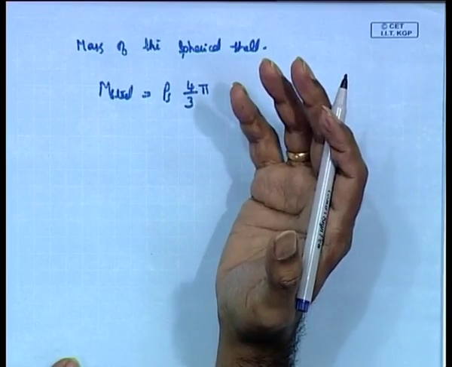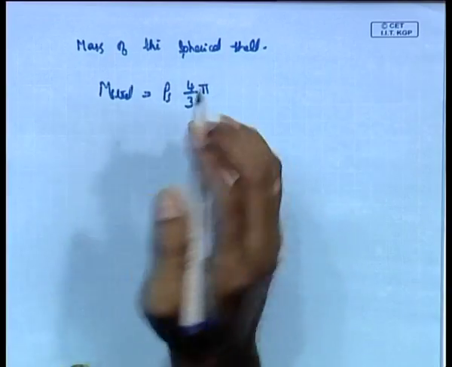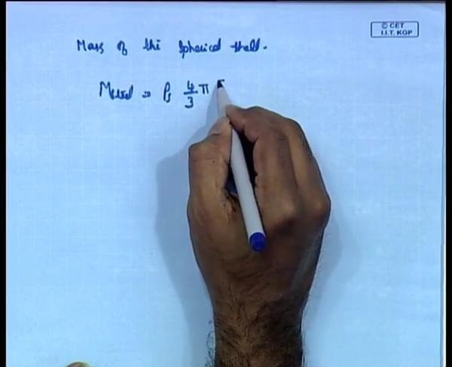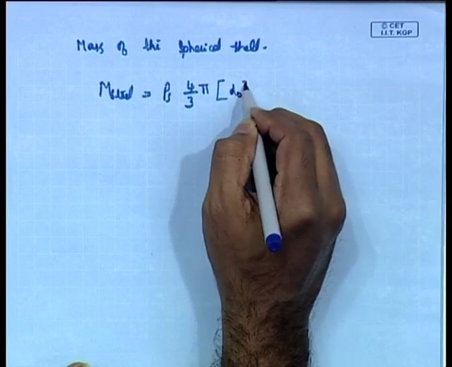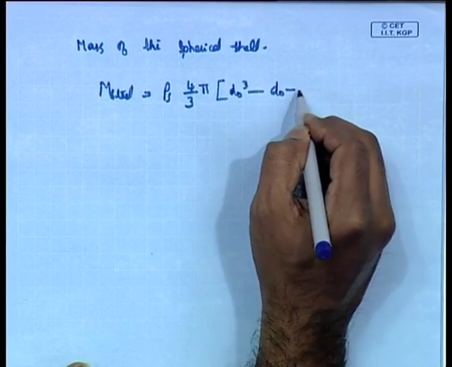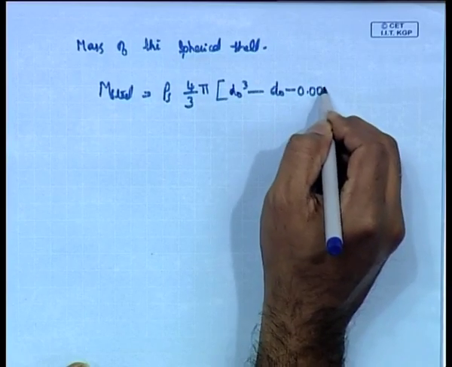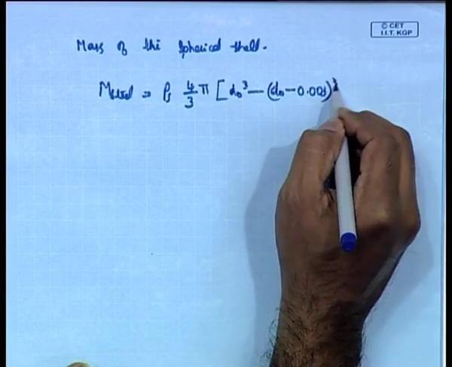So, the mass does not come from the hollow part inside, that does not add to the mass. So, when you are finding the mass of the body, you need to take only the steel weight. So, steel volume into consideration. So, 4 by 3 pi into d0 cubed minus (d0 minus 0.003) cubed.